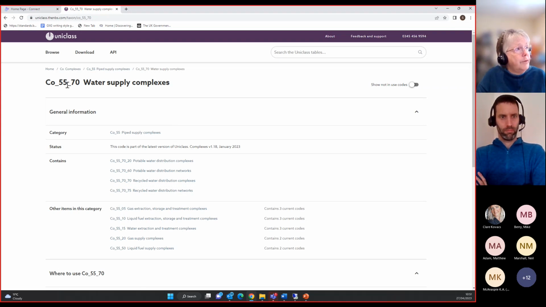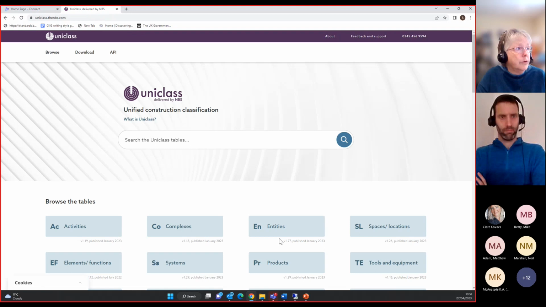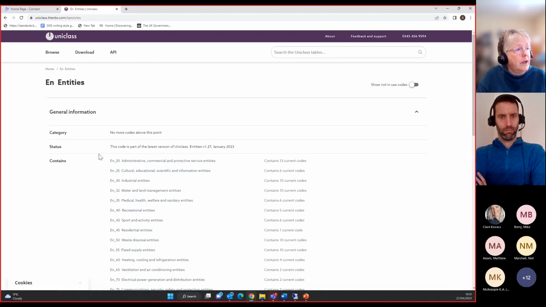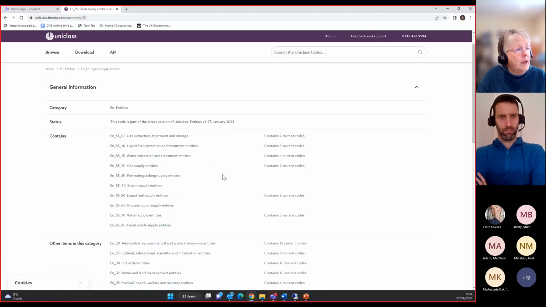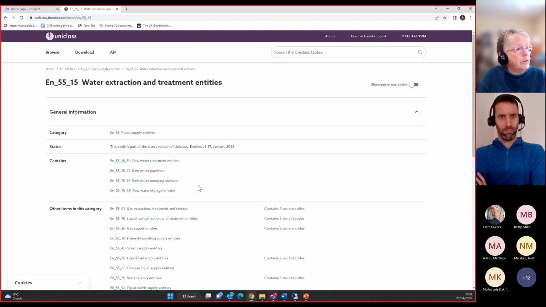And taking note of the fact that we've got CO 5570, I can go back here to the home and look at the entities and look at the EN 55, and here I've then got water extraction treatment, all the different types, descriptions of the different parts of the raw water.